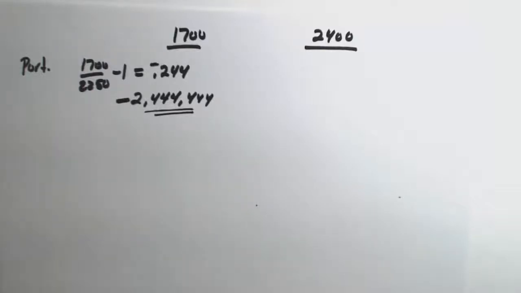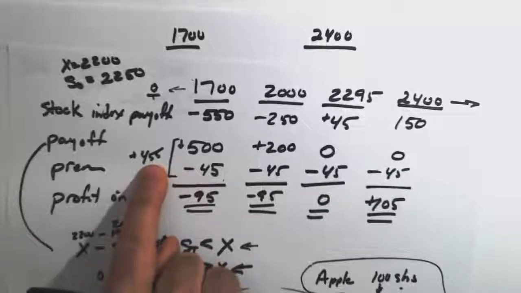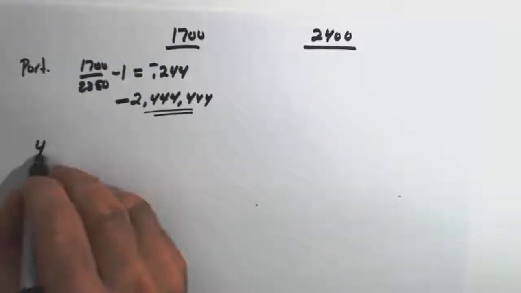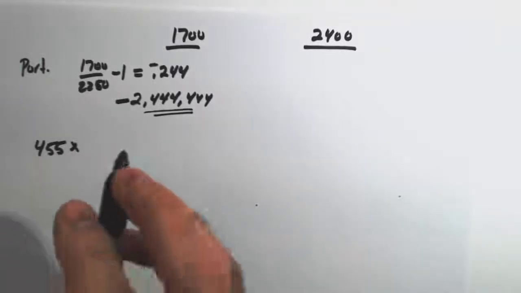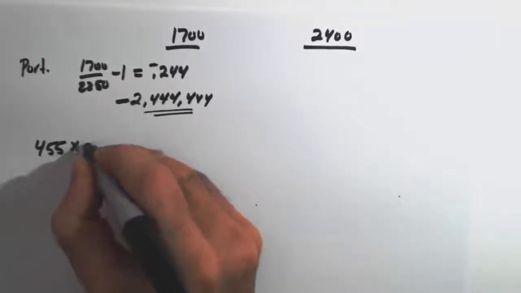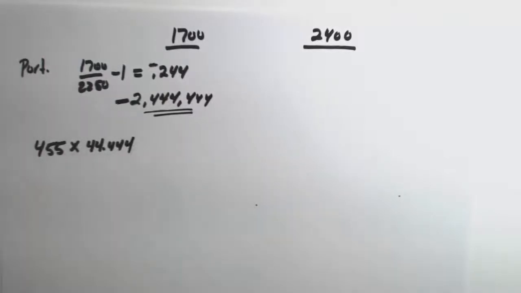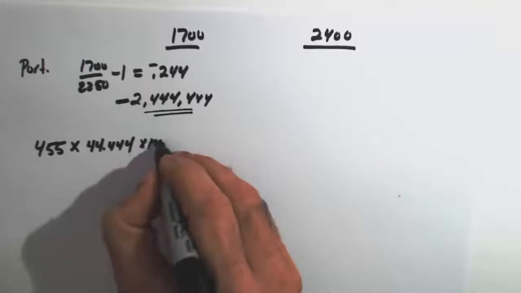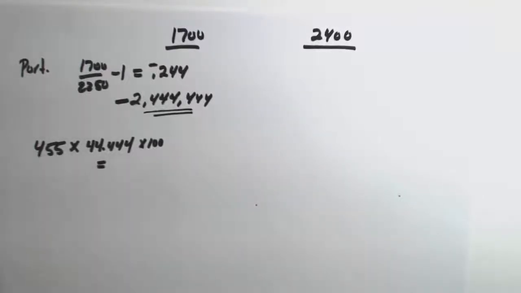So what you see here, going back, the option had a profit of 455. If you recall, 455 was the profit on the option. 455 times the number of contracts that we had, 44.444, okay? And each contract controls 100 shares. And so when we multiply that out, we can do the calculations here.